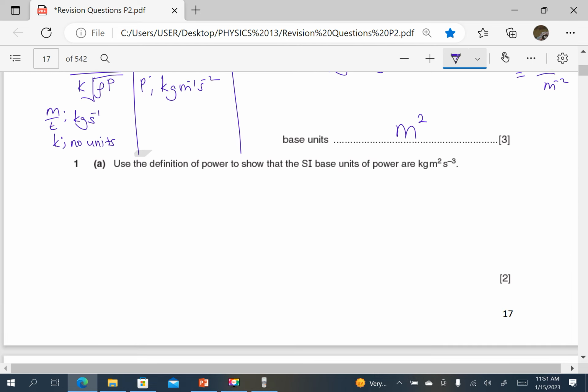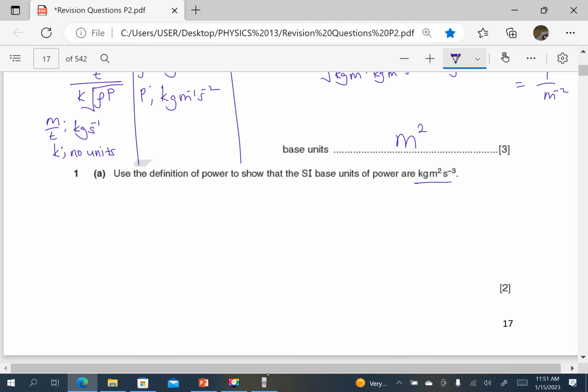Use the definition of power to show that the SI base units of power are kilogram meters squared per second cubed. So by definition, power is defined as work done over time. But work done can be defined as force times distance in the direction of the force.